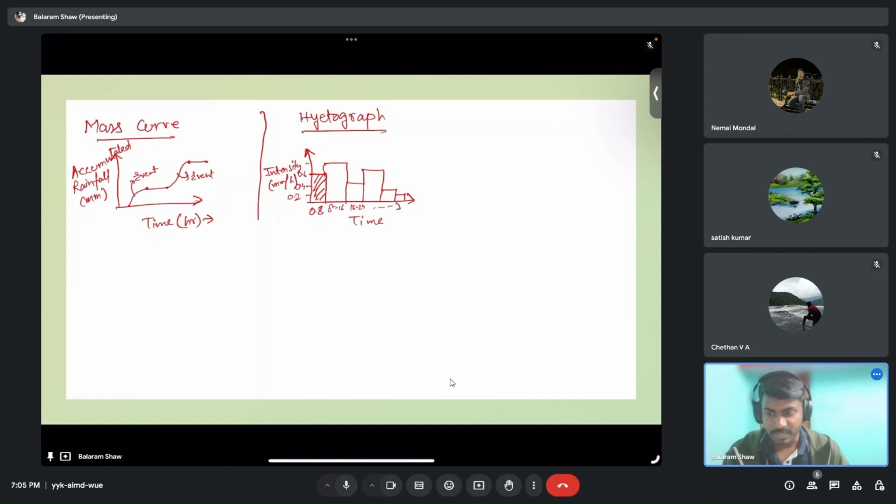What is the double mass curve? Double mass curve is the plot between the cumulative average annual rainfall of neighboring stations, and in the y-axis it will be the cumulative annual rainfall of the station, and it will be in reverse chronological order.